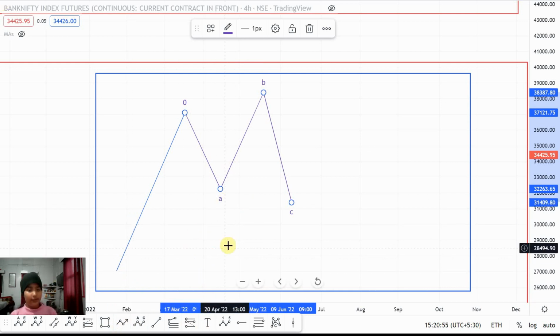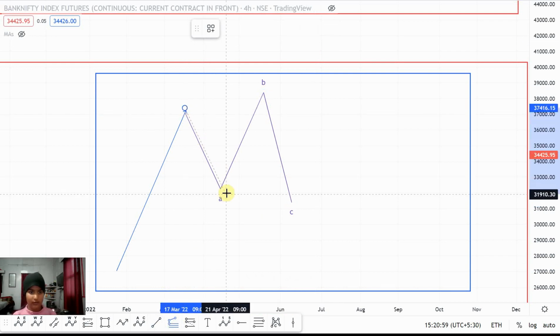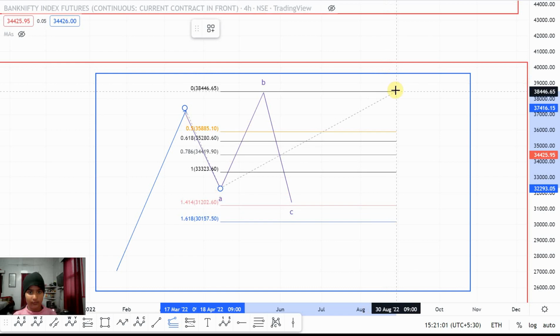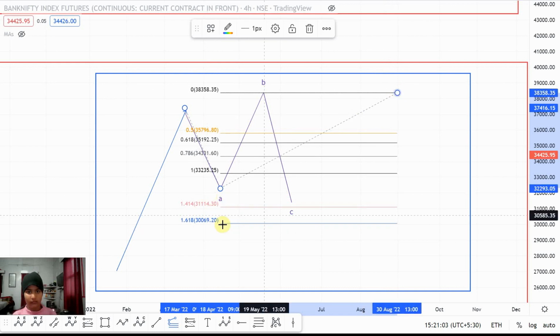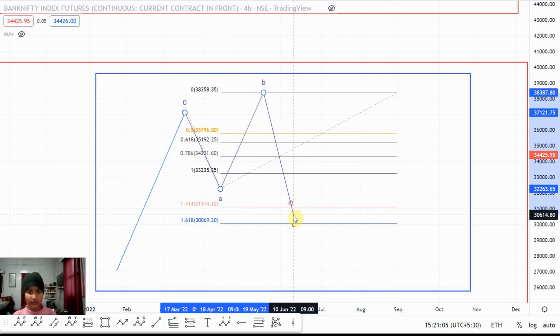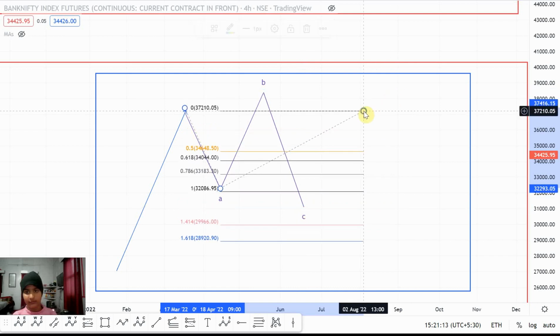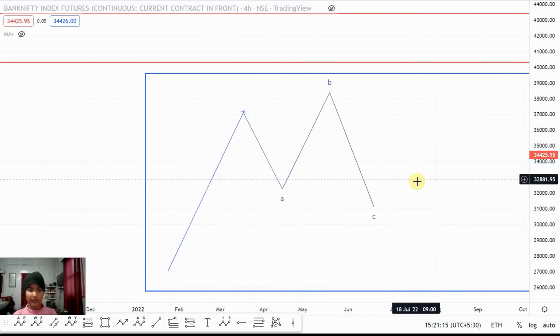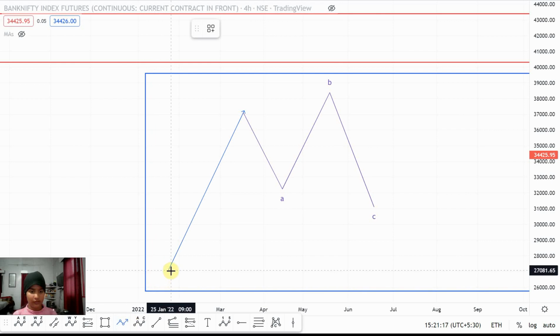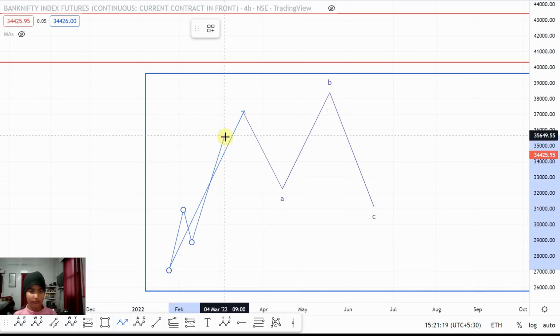For the extended flat, our C wave may come here, and may also come at this level. So let's just mark the internals.